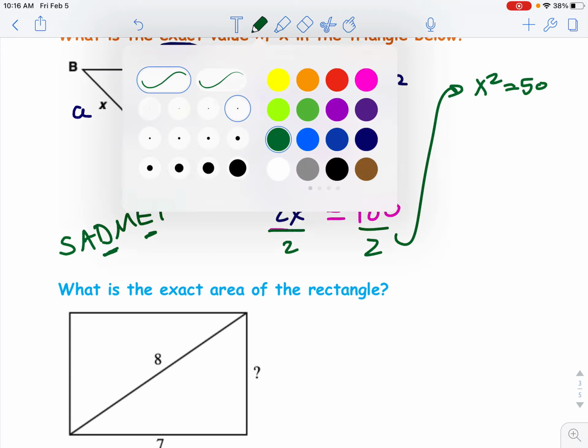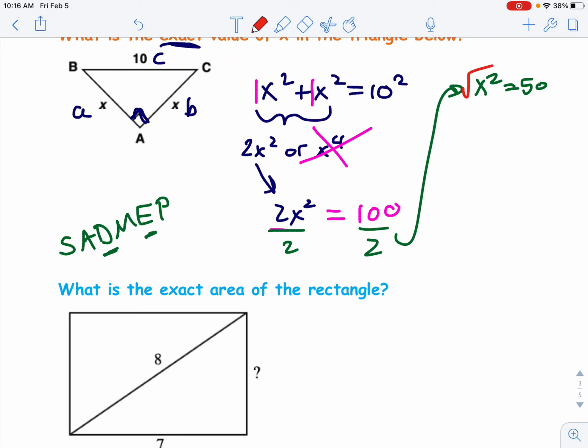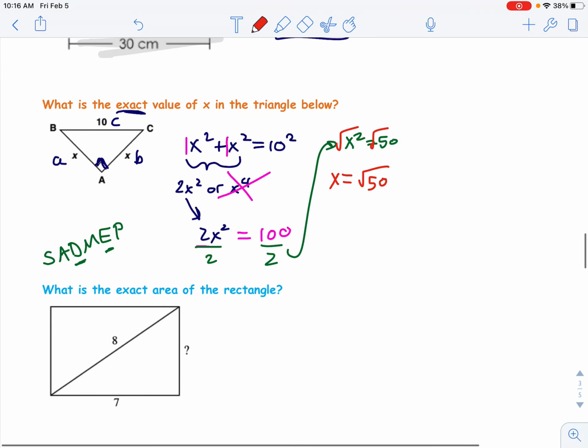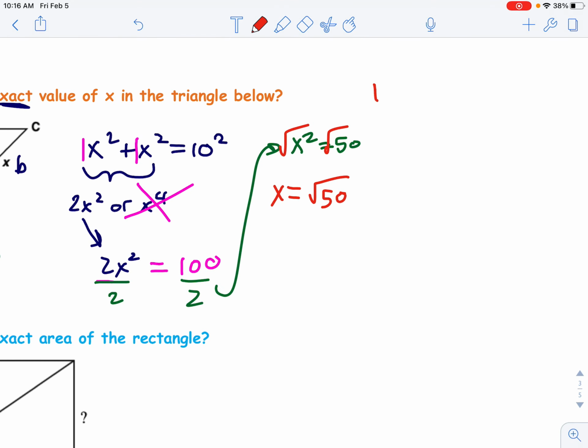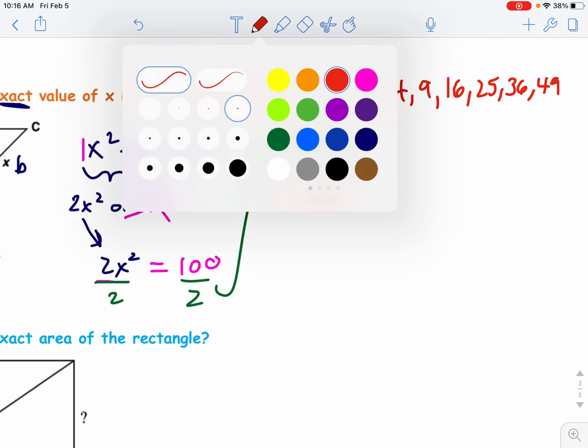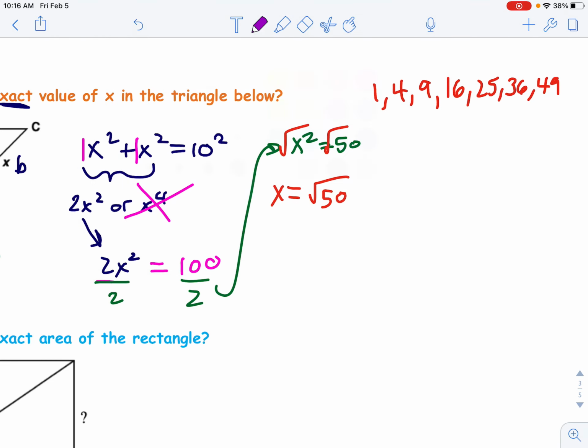Sweet, I'm starting to get close to my final answer. Do the square root of both sides. I'm going to get x equals the square root of 50. Now, perfect square factors. What are my perfect square factors? Well, 1 never helps. 4, 9, 16, 25, 36, 49. My largest perfect square factor, in this case, hopefully you can tell, is 25.